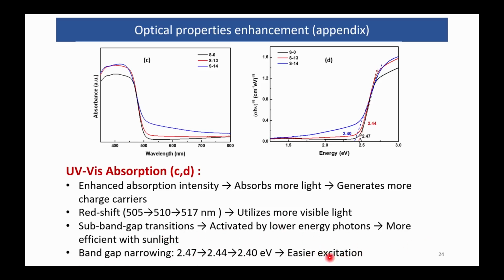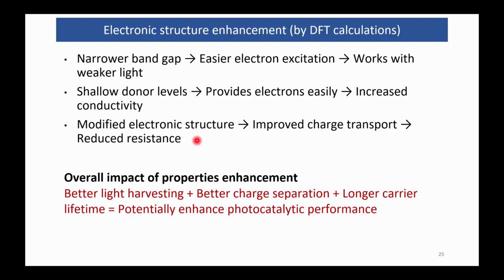That means it's easier to excite under sunlight. So overall, from these three properties, we think that our defect modification by implantation can enhance the photocatalytic performance of this material.